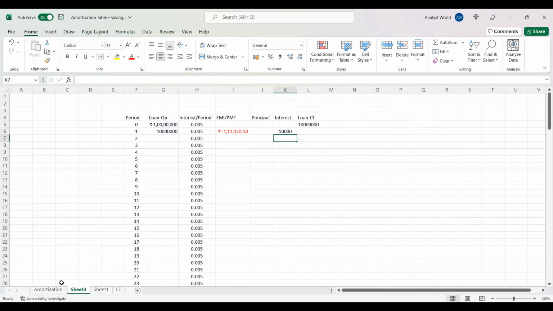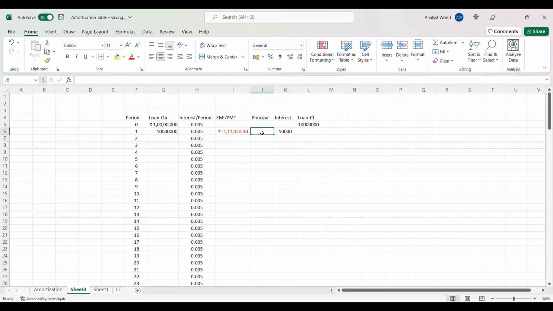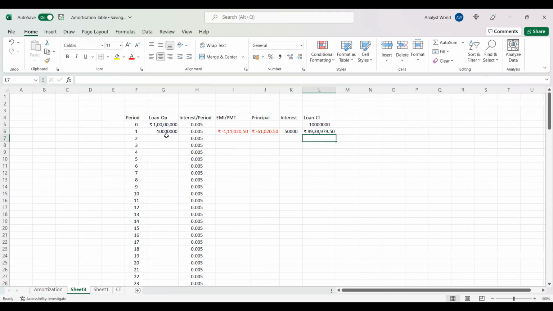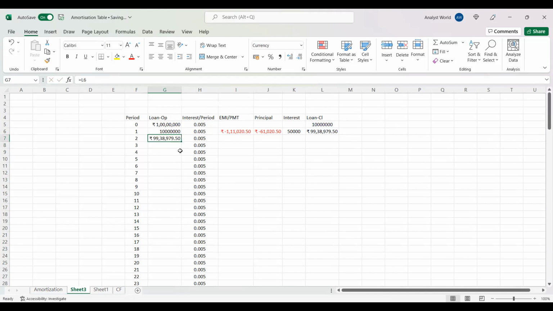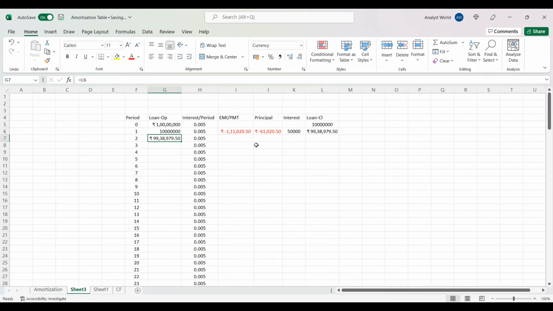Then the balance will be this plus this. And then 38979. All right.